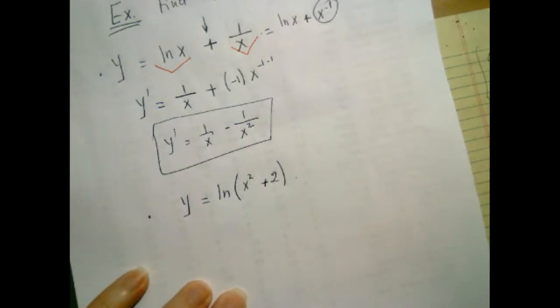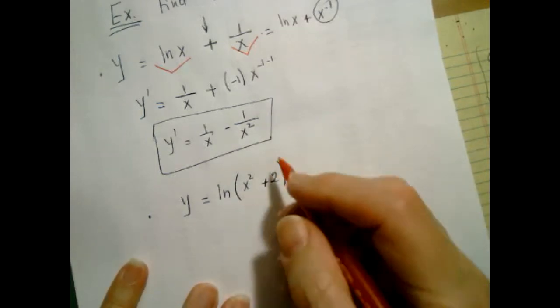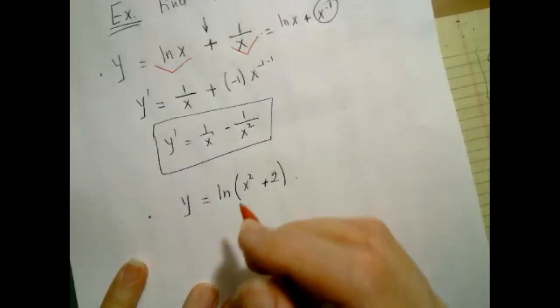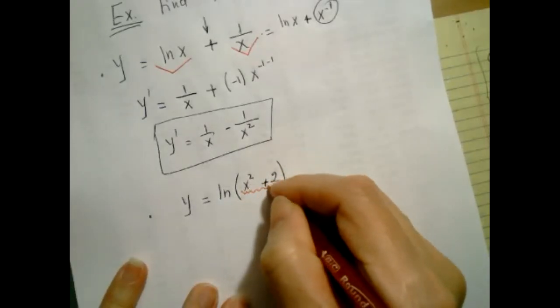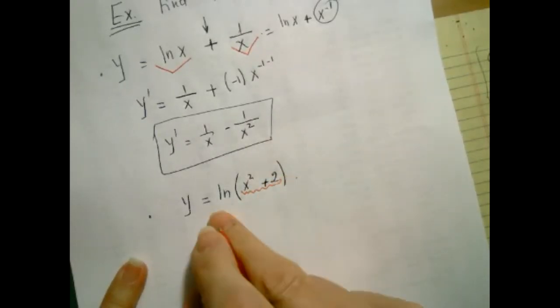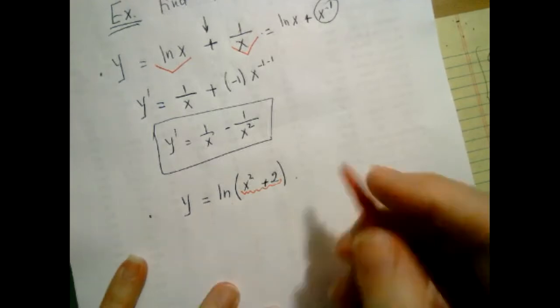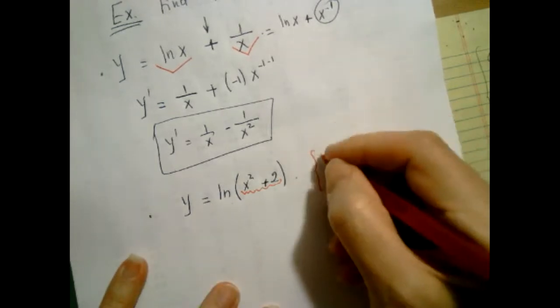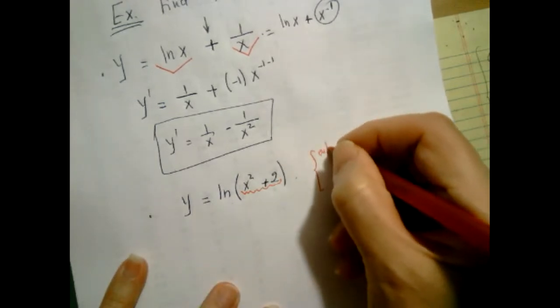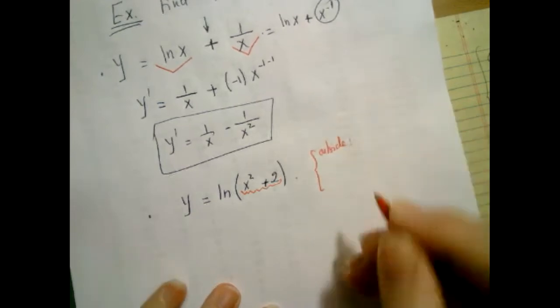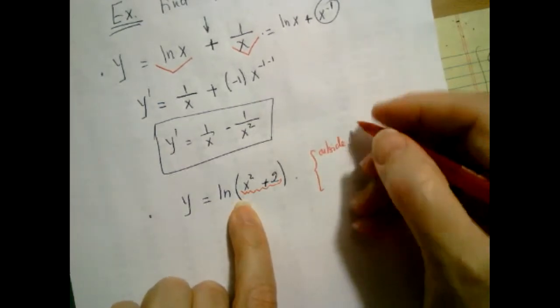What do you think we're going to use to find the derivative of this function? This is ln of x squared plus 2. We have an inside here, and we have the outside. That's a chain rule phenomenon. So what is the inside? Sorry, what's the outside? The outside is the ln function.